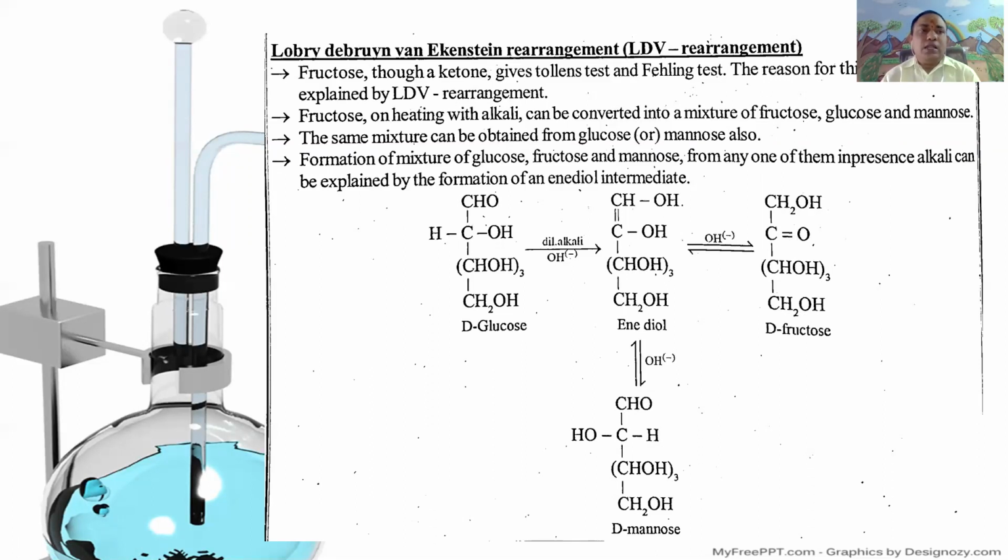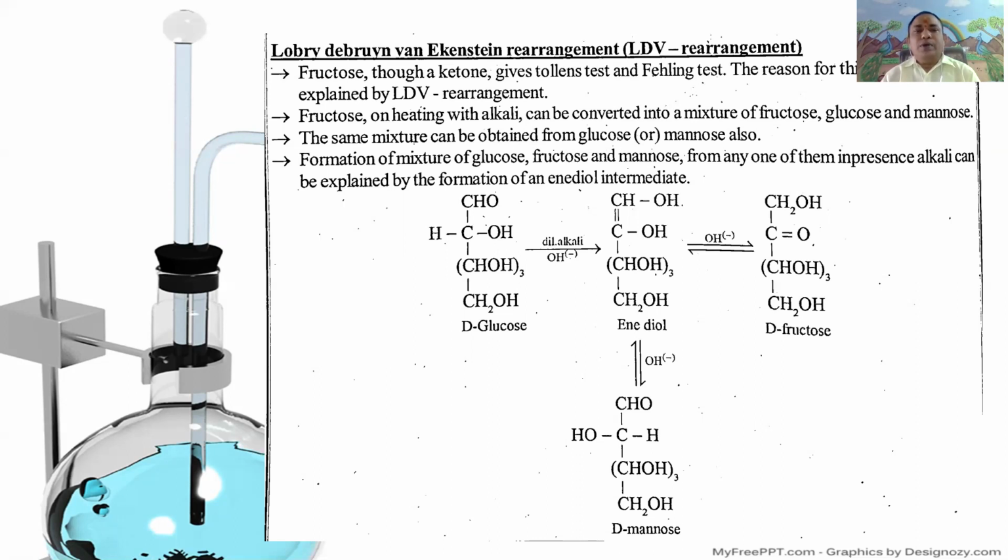The reason for this anomaly can be explained by the Lobry de Bruyn-Van Ekenstein rearrangement. In this rearrangement, either glucose or fructose or mannose upon treatment with the dilute alkali gives the mixture of glucose, fructose and mannose.